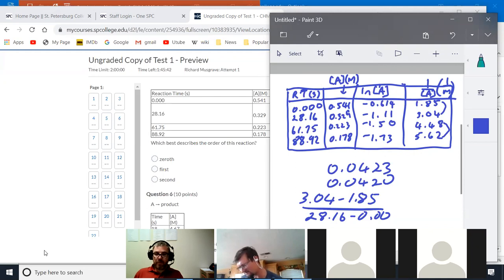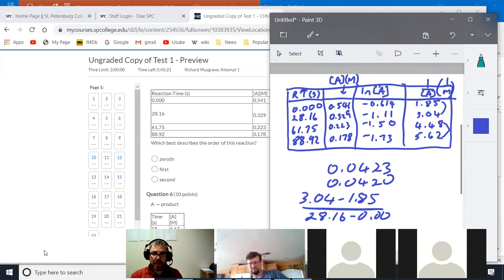And for the last 2 points, I got negative 0.00847. So a big difference between those two. So we know it's not first order, and we know it's not zero order. When we look at the second order, we can see that it's 0.0423 versus 0.0420. So that's how we know it's going to be second order.